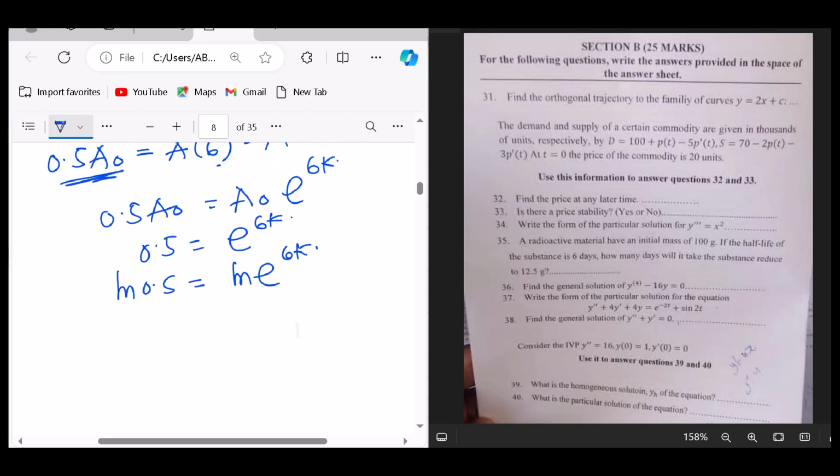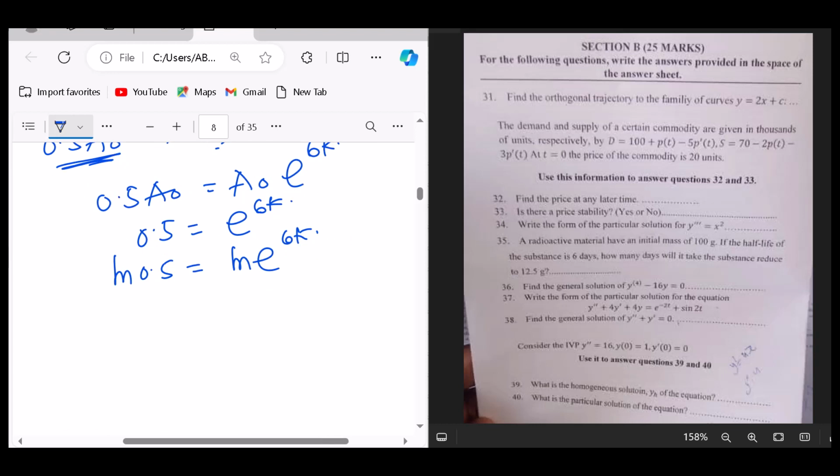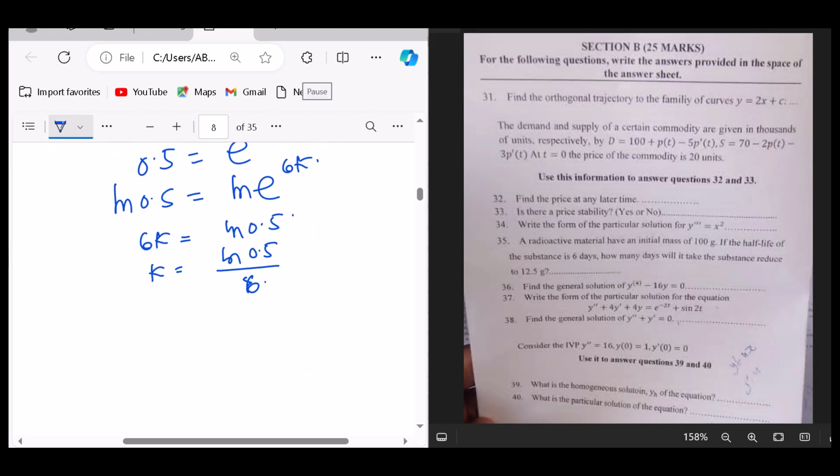And so if we continue, we have 6k equals ln of 0.5. So k equals ln 0.5 all over 6. This is our k.